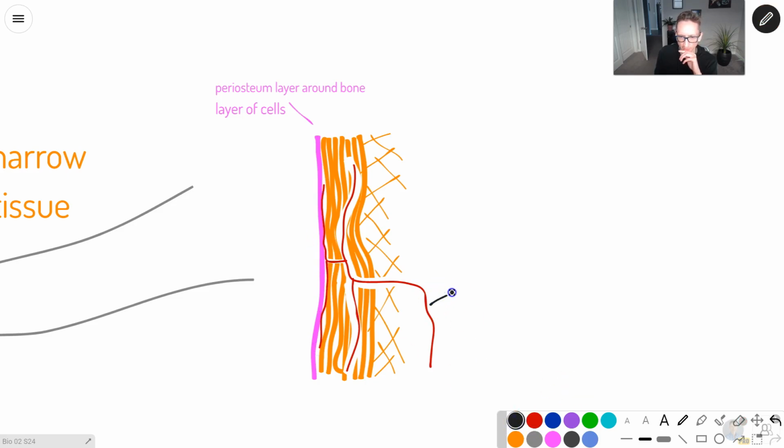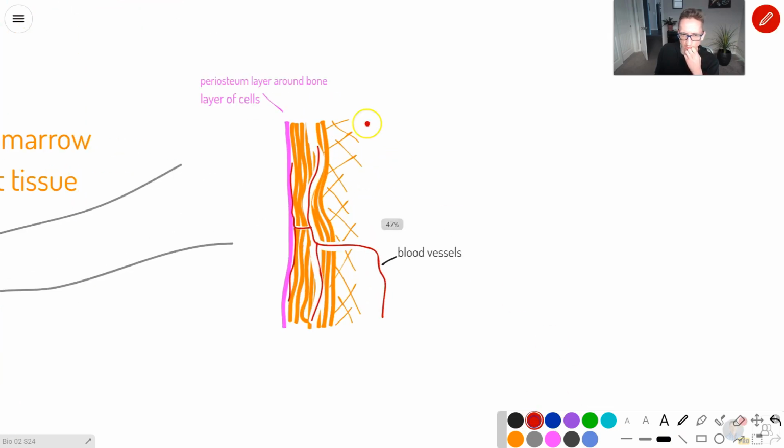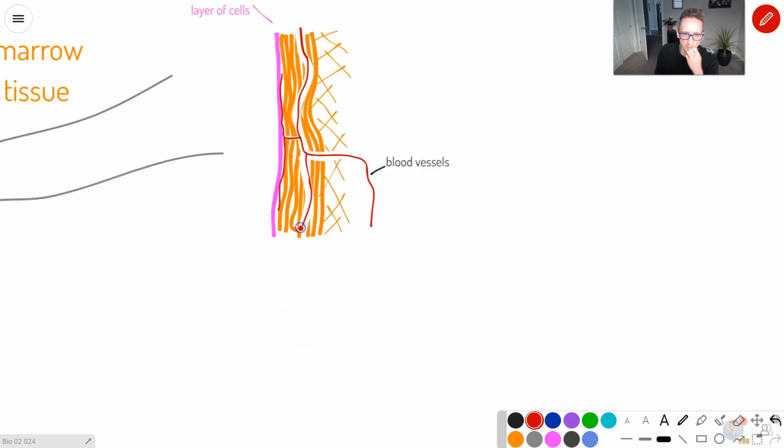Okay, so we've got blood vessels. We've got our compact bone and our spongy bone.